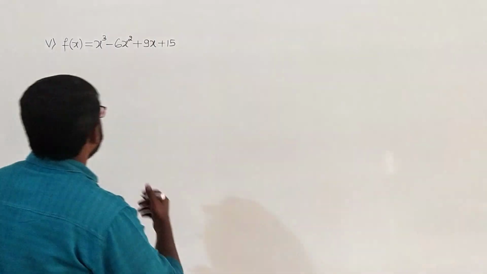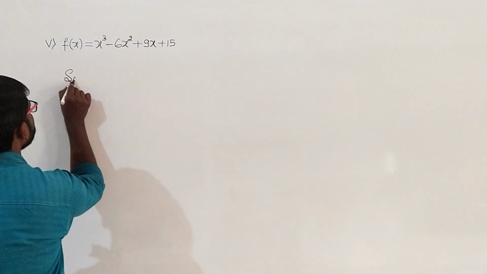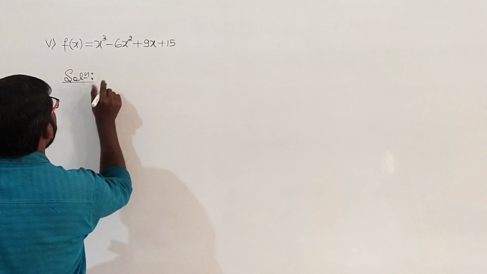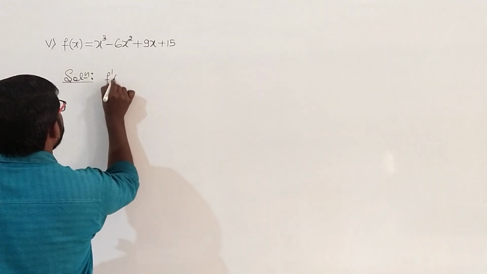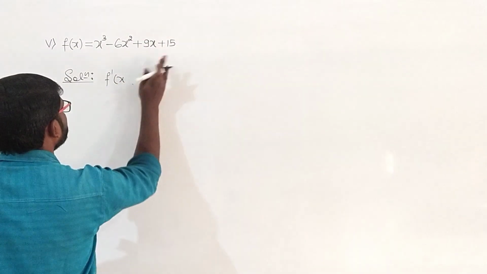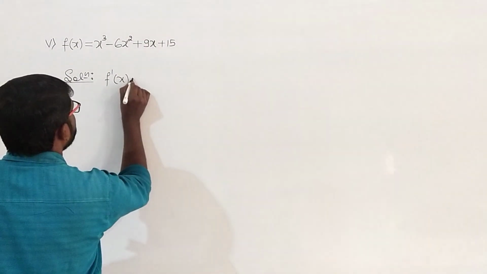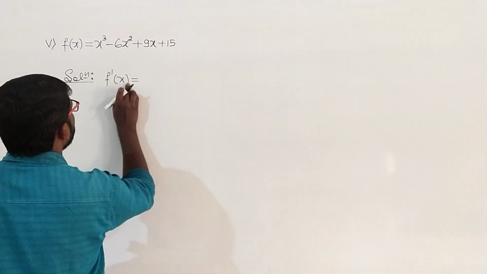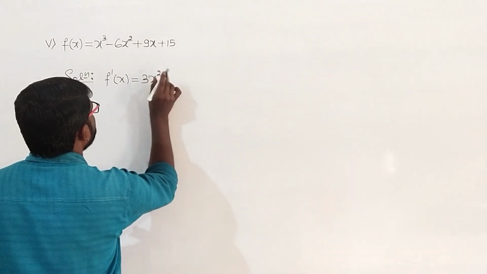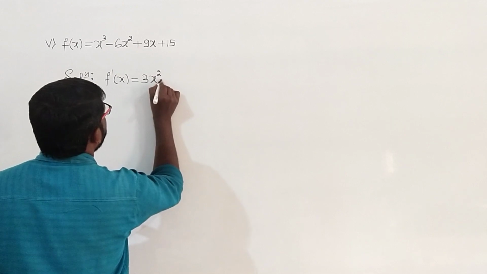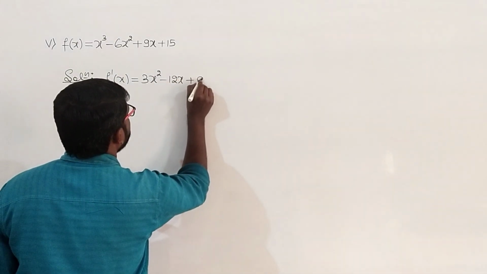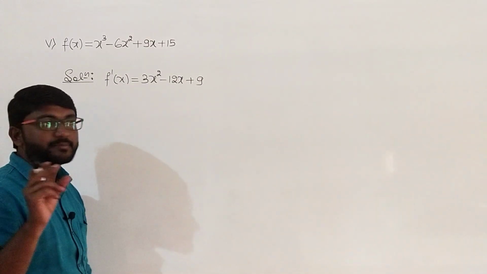So I'll go for the derivative. f dash of x equals 3x square minus 12x plus 9.